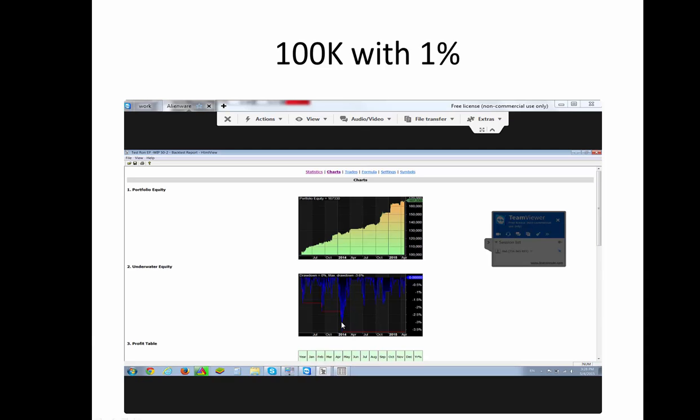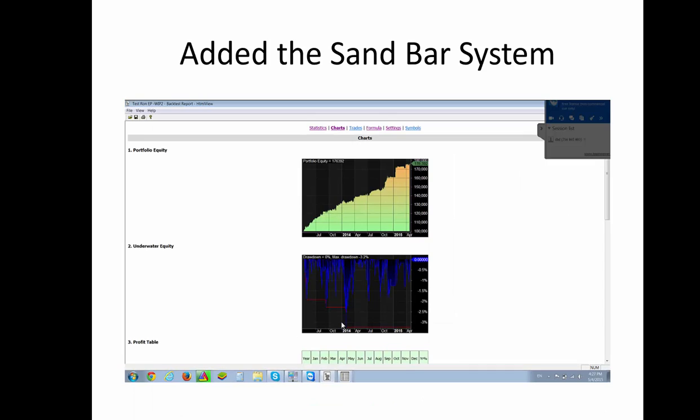Okay. Now here's something unusual that happened when we added Sandbar. Not only did we get an increase from 167, we got up to 170. I don't know if that's a 76 or 78, but nevertheless, notice here we're at about 2.5%. And this is important because this is the drawdown.